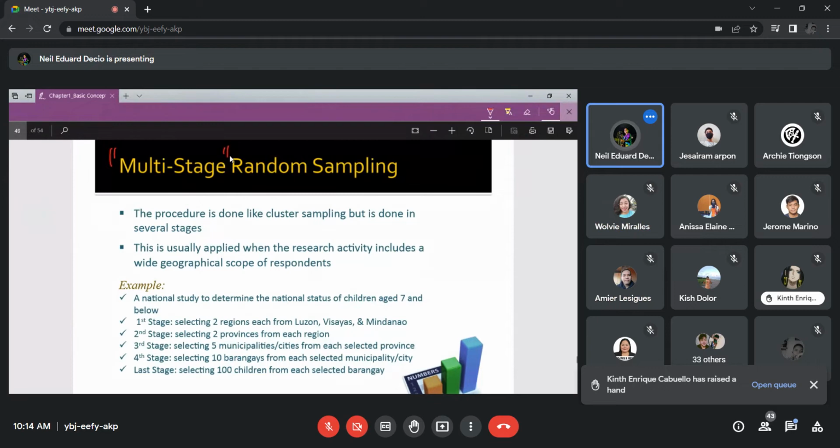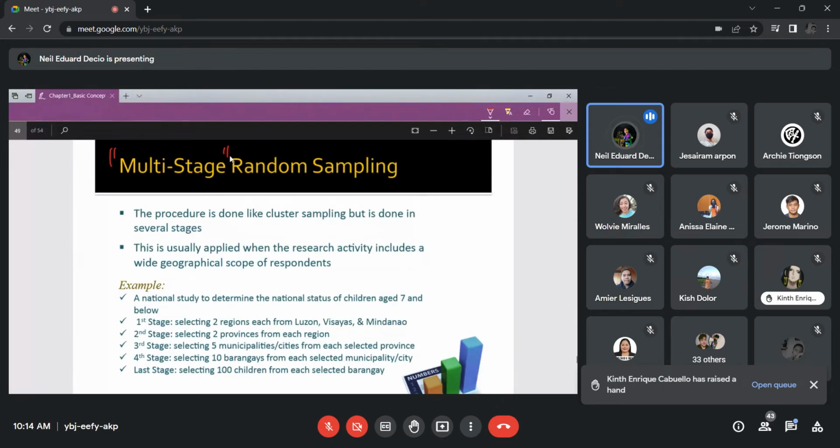Out of those six regions, we select two provinces from each region. Then five municipalities or cities from each province would be selected. And the fourth stage is selecting 10 barangays from each municipality or city. And the last stage is selecting 100 children from each selected barangay. So that is multi-stage sampling.